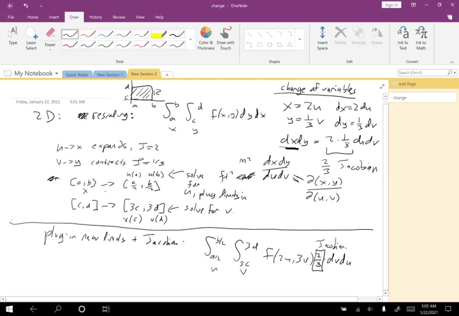Yeah, and make sure not to miss this Jacobian term. It's essential. And I think it's probably one of the two difficult things about changing variables. The other is just changing the limits.